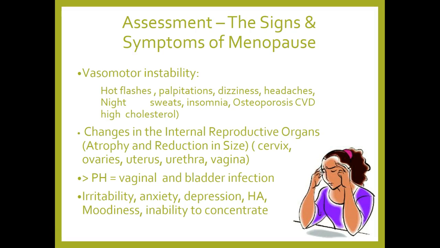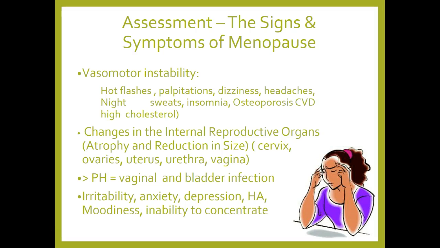They have big changes in their internal reproductive organs. So the cervix, the ovaries, the uterus, even the urethra and the vagina will actually atrophy and reduce in size. Things just aren't what they used to be. They kind of shrivel up. There's an increase in pH also, and this can equal a greater risk for vaginal and bladder infections.